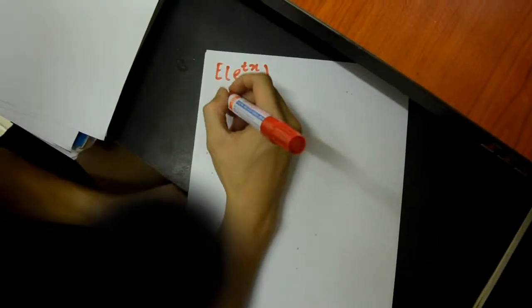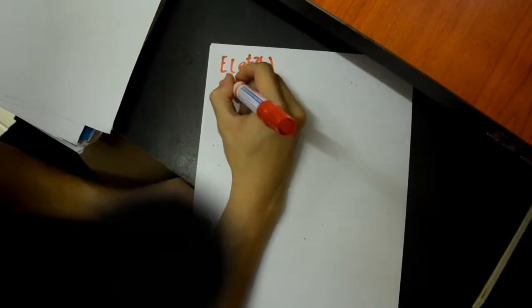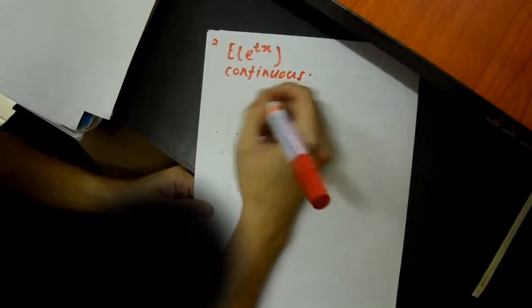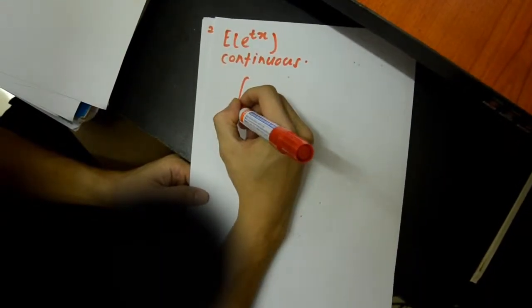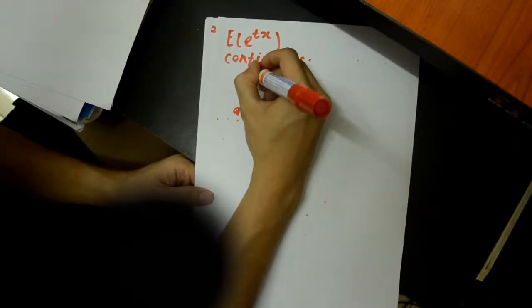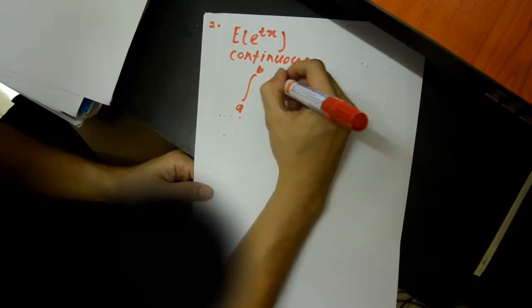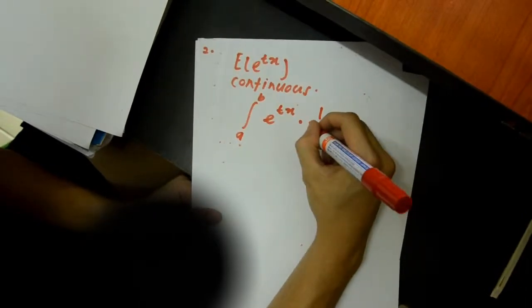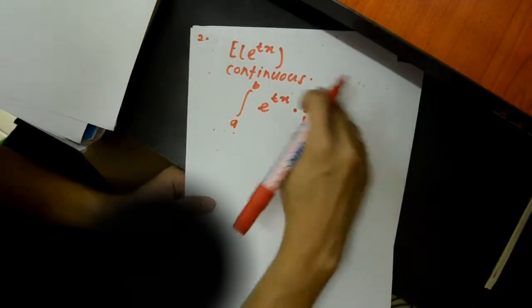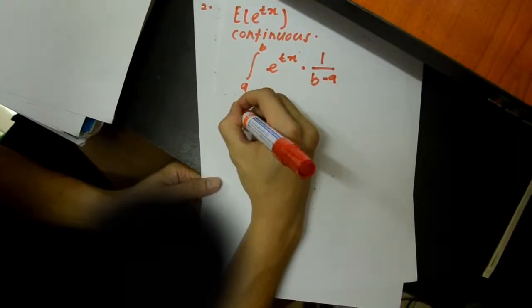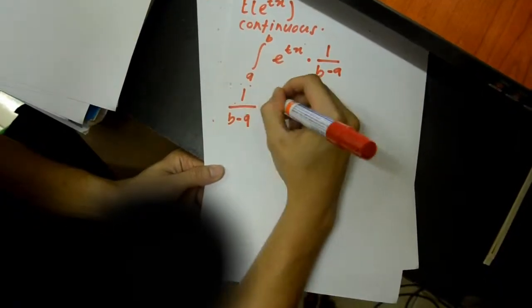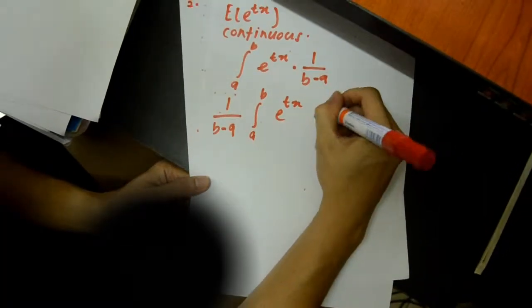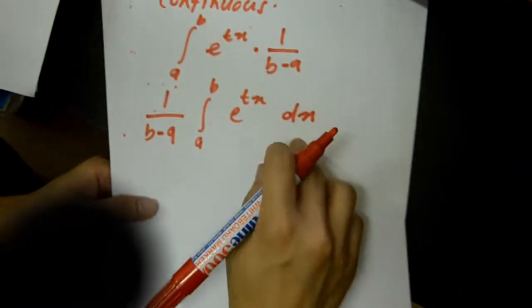For the continuous case, you integrate over the limits of the uniform distribution, a to b, e to the power of tx multiplied by the PDF, which is 1 over b minus a. Since 1 over b minus a is a constant, you can take it out, and all you have left is the integral of e to the power of tx with respect to dx.